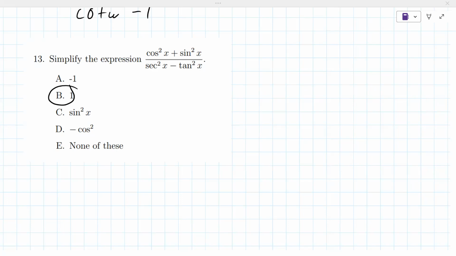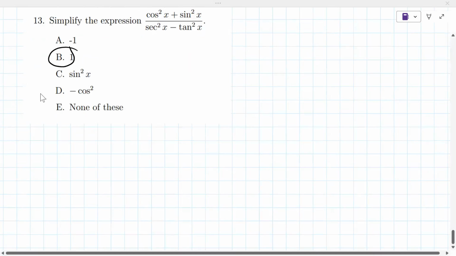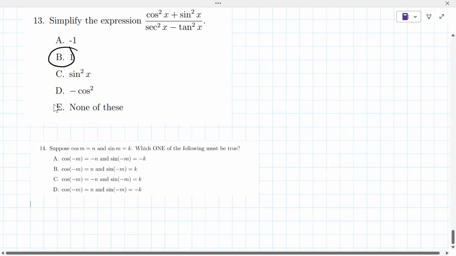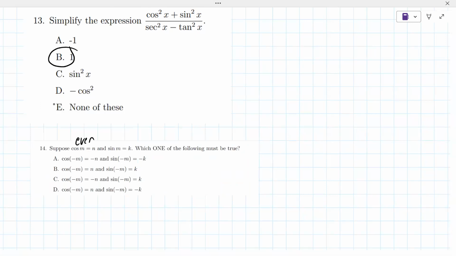Do you want us to go through 14? An even and odd question about cosine and sine. Oh, okay, I see. Cosine is even, sine is odd.